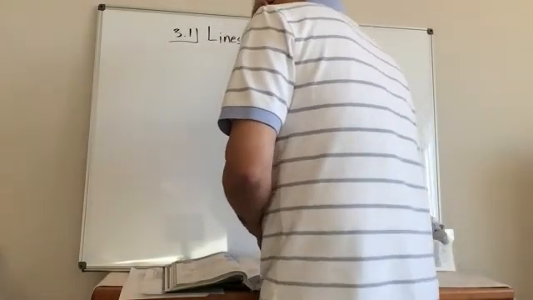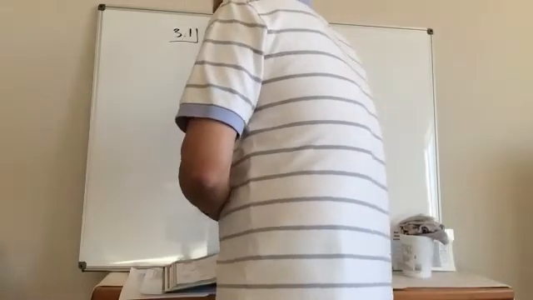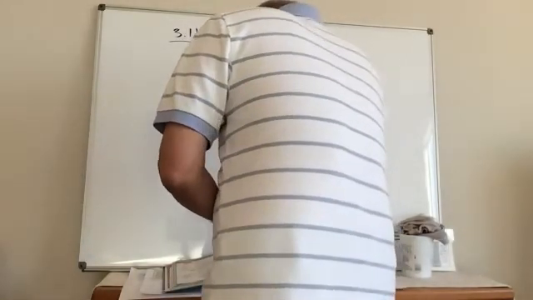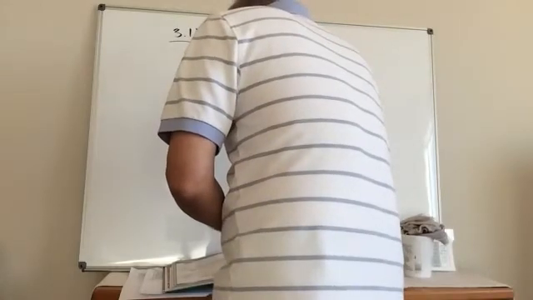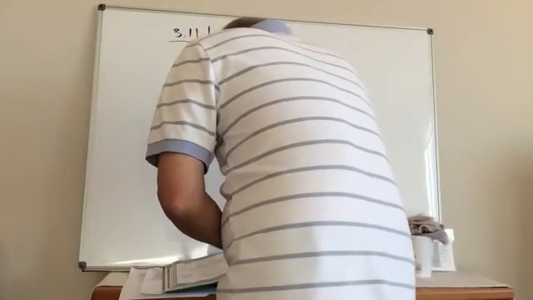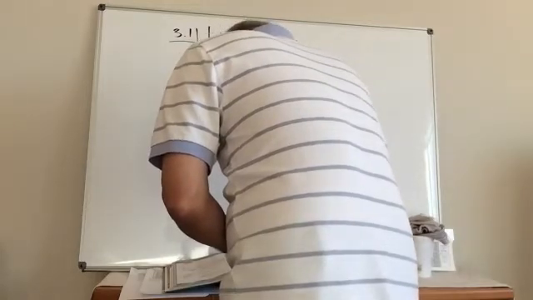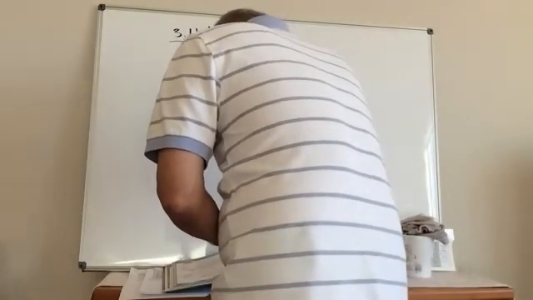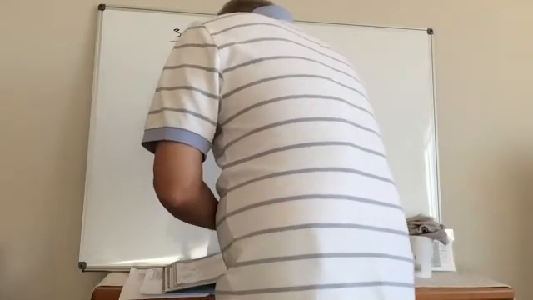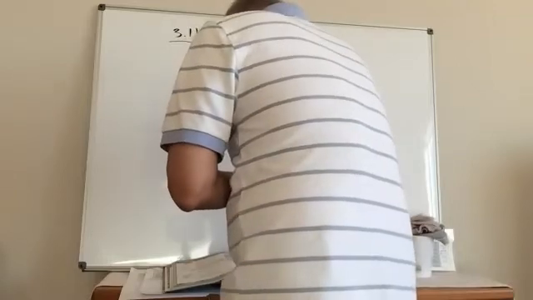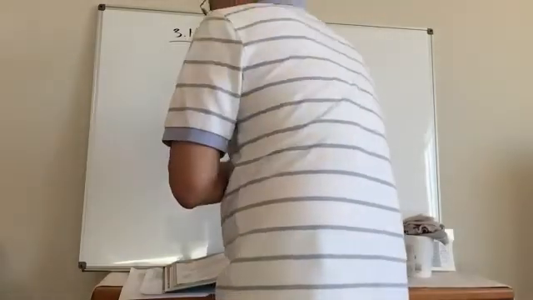B, a pair of skew segments. It'll be MN, QL, things like that. Here we have LM and RS. Yes, those are skew lines. C, a pair of perpendicular segments, all kinds of them: MN, LM.